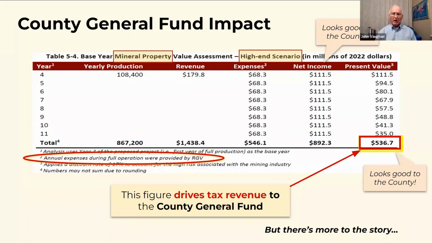In this chart, RISE Gold shows annual expenses of 68.3 million, which is how they arrived at the 111.5 million we talked about earlier. The present value of mineral reserves was then calculated based on net profit for a total of 536.7 million. But of course, there's more to the story. Next slide, please.